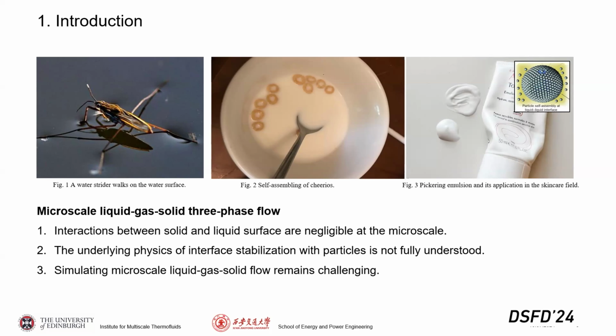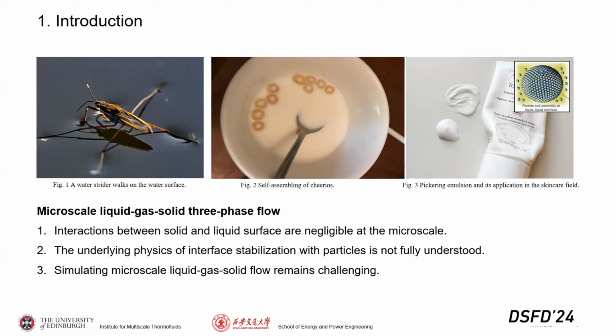These examples show us that the interactions between the solid and the liquid surface cannot be ignored, especially at the micro scale. But some underlying physics of this phenomenon, like how the particles can stabilize the interface, is still not fully understood.